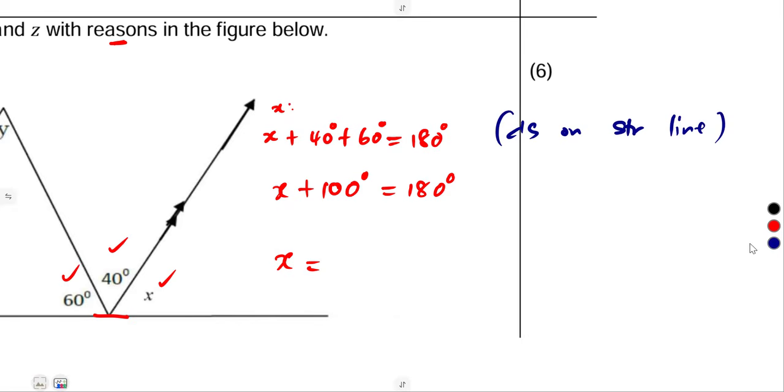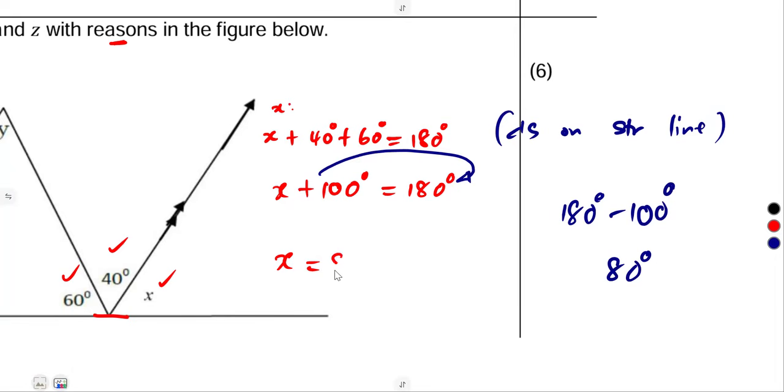So x is equal to what? Take the 100 to the other side. That was going to be 180 minus, it changes the sign, remember? So it's going to be minus 100. So that's 80 degrees. So x is equal to 80 degrees, angles on a straight line, all right?